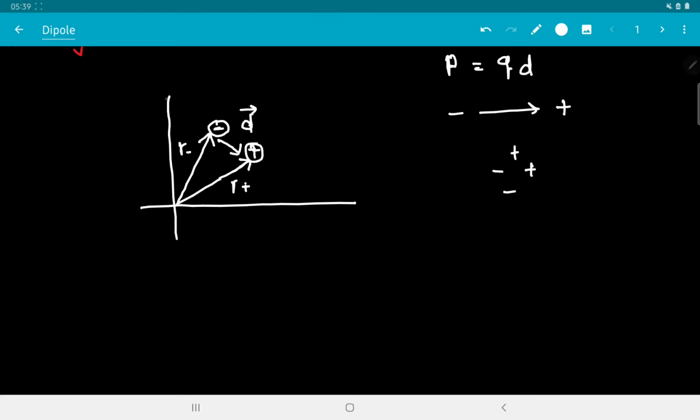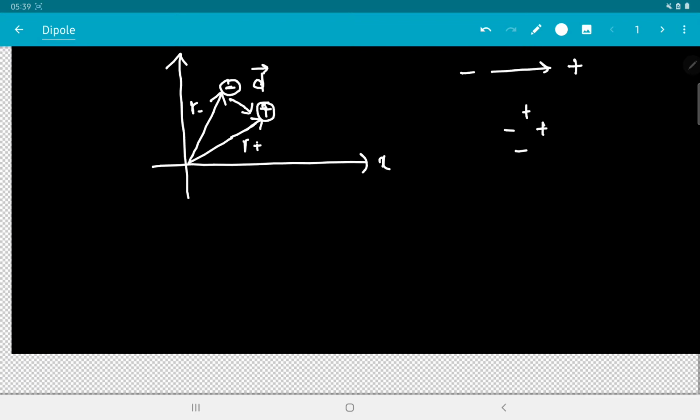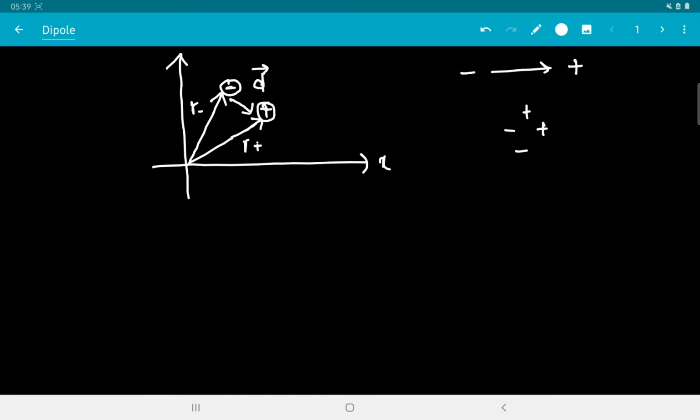For example, let us consider the following case: a dipole which is in the x and y axes. The negative charge is at a distance r minus and the positive charge is at a distance r plus. Let d vector be the distance between them.